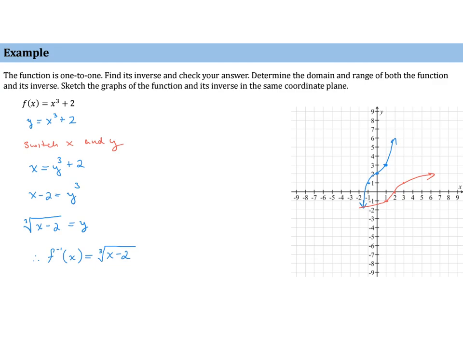Now what you notice here is that there is a relationship between f and f inverse. And their graphs, I should say. What is the relationship? Well, let's think about switching x and y. If we switch x and y, when is that not going to matter? It's not going to matter when x equals y. So let's graph the line x equals y, or y equals x.